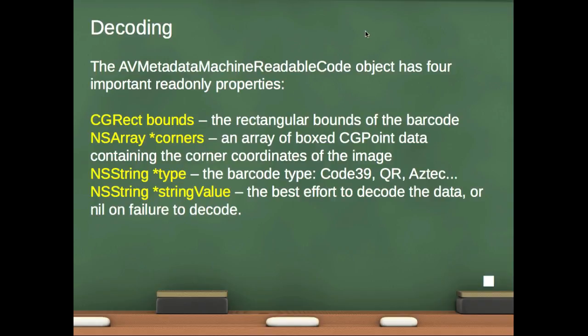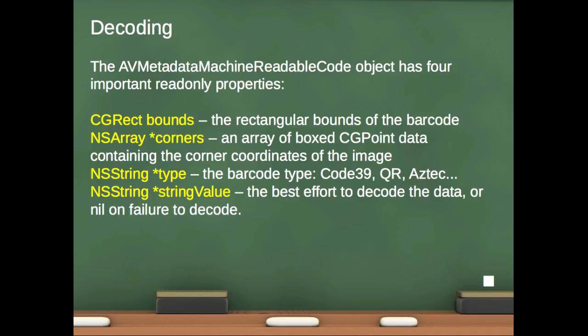Now, how do we decode it? Well, that AV Metadata Machine Readable Code Object that we get back in the array of captured objects has four important read-only properties. It has a bounds, which is the rectangular bounds of the entire capture, and it also has an array of CG points that specifies the corners of the actual captured object. Think about it.